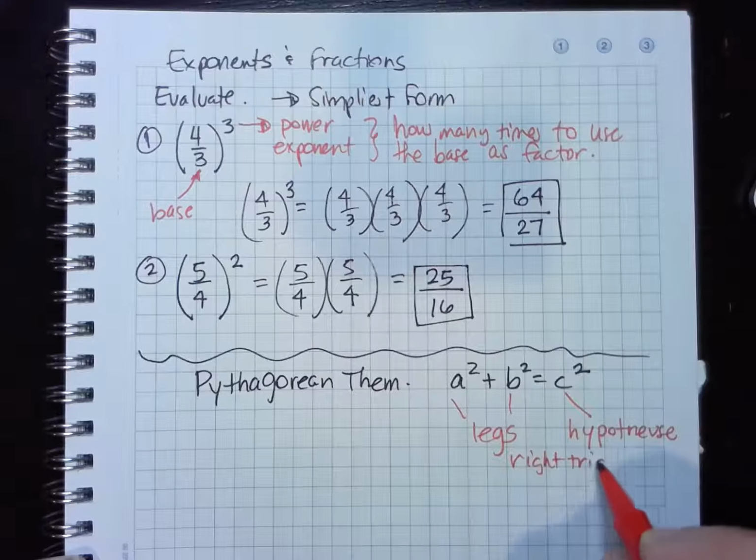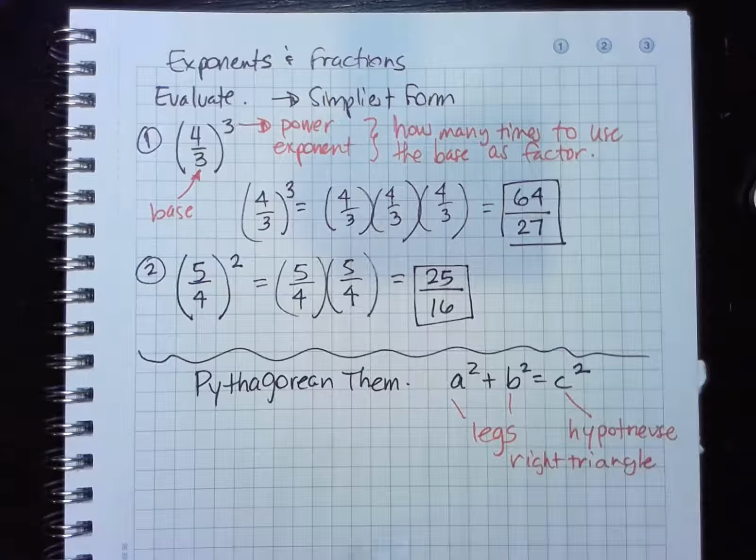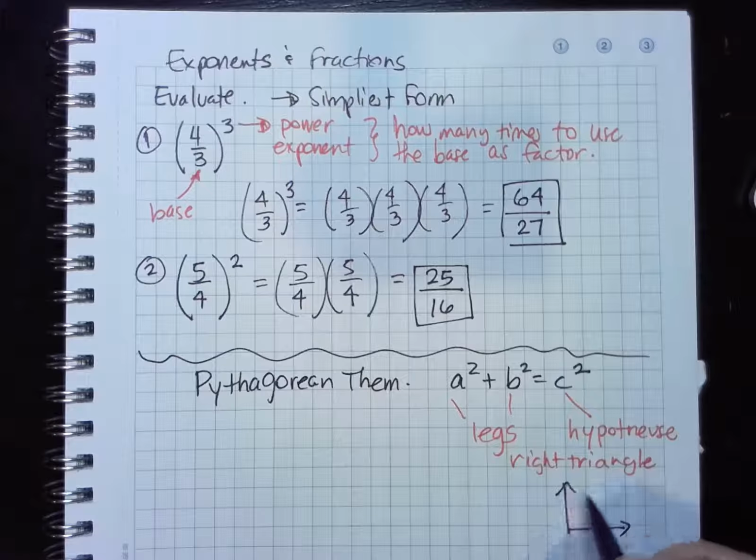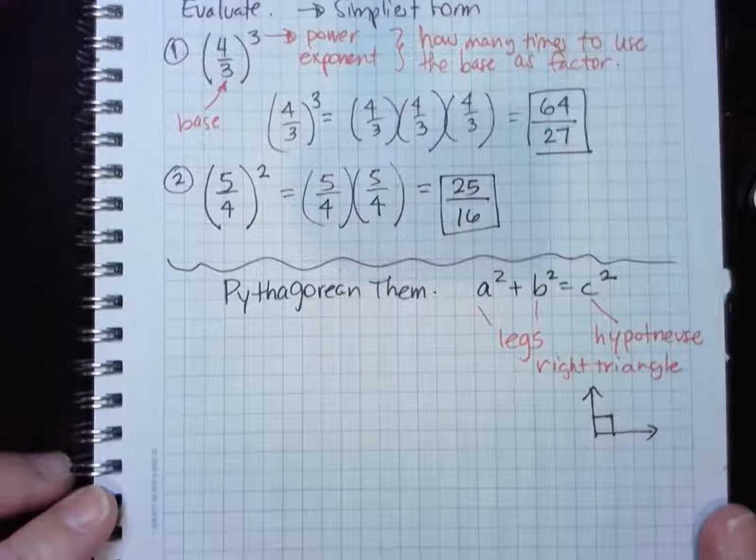Okay, so you're talking about right triangles. It has to have a right angle. So remember the symbol to show a right angle. If you have a ray to show a right angle, you'll see that right angle box in the corner.